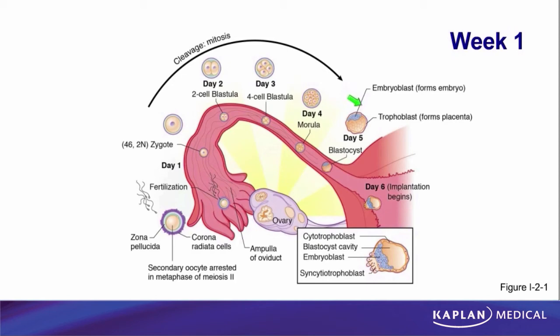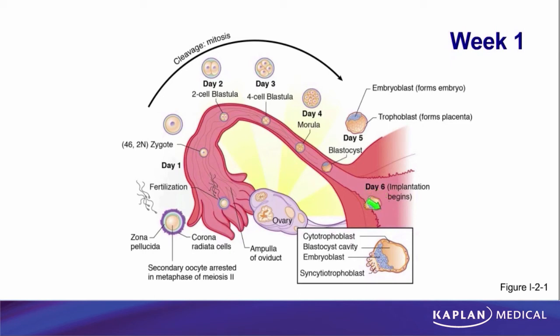So the source of embryonic stem cells is the embryoblast of a blastocyst. Okay, so there we are on day 5. By day 6, that blastocyst has finally arrived in the uterus. And remember, on day 6, that's when implantation typically occurs.